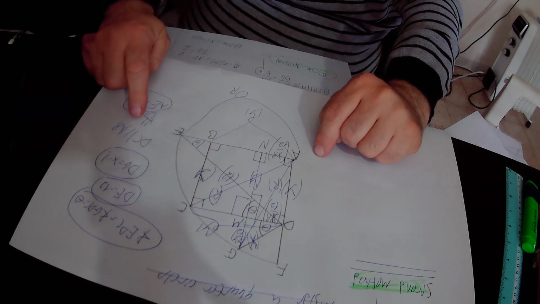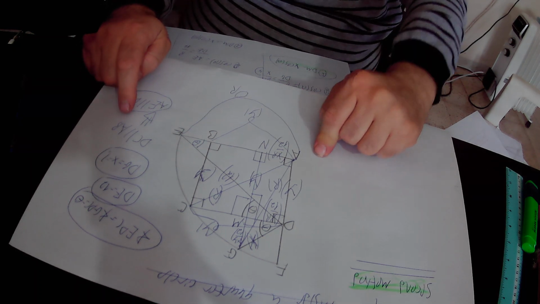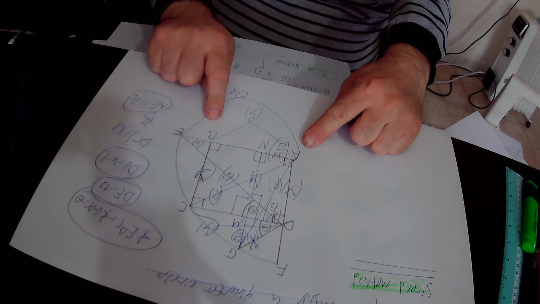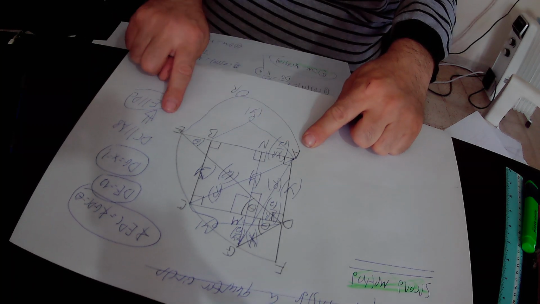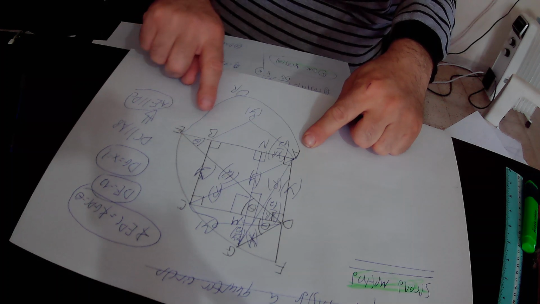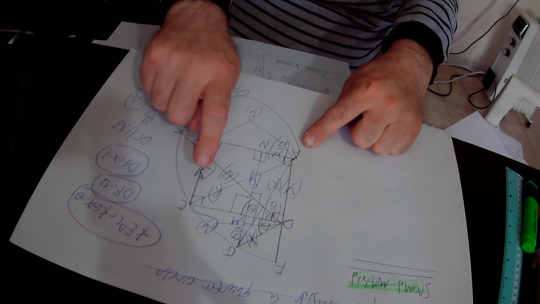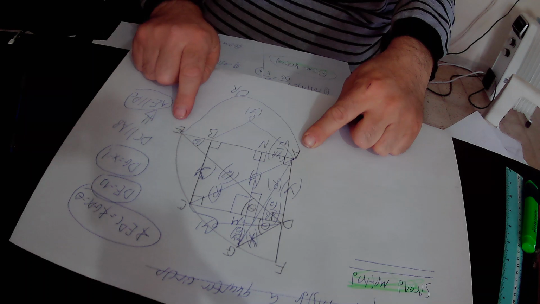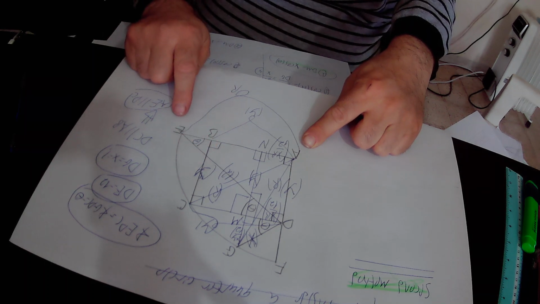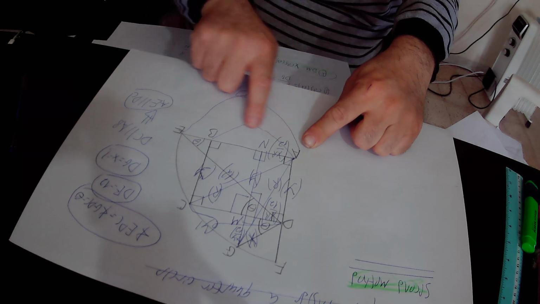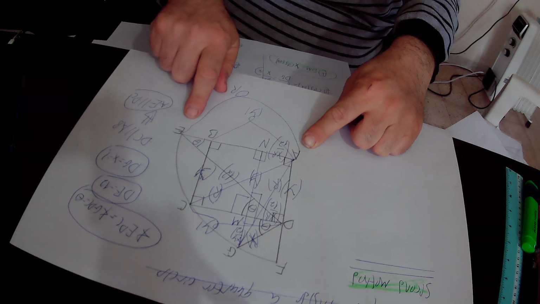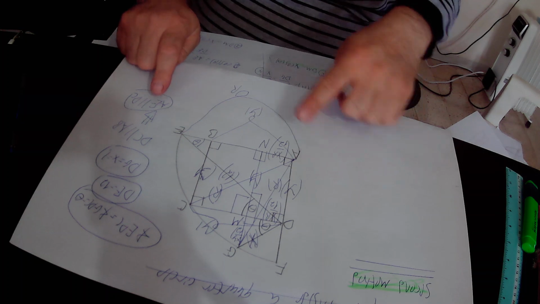But AB is part of the straight line AE, and it is parallel to DC. So if part of a straight line is parallel to another straight line, then the straight line itself must also be parallel to the other straight line. Therefore, the straight line AE itself must also be parallel to DC.